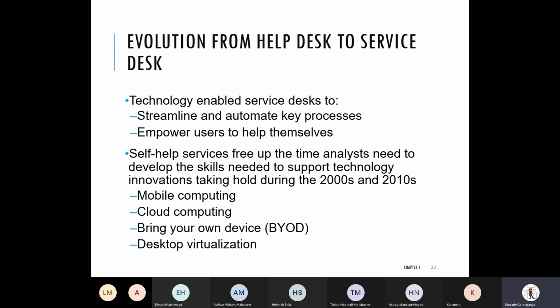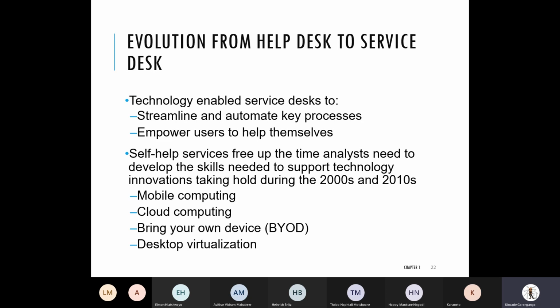So you need to provide a platform that enables you now as an analyst, for argument's sake, enough time to then look at developing skills needed to support a distinctive technology innovation in that regard.